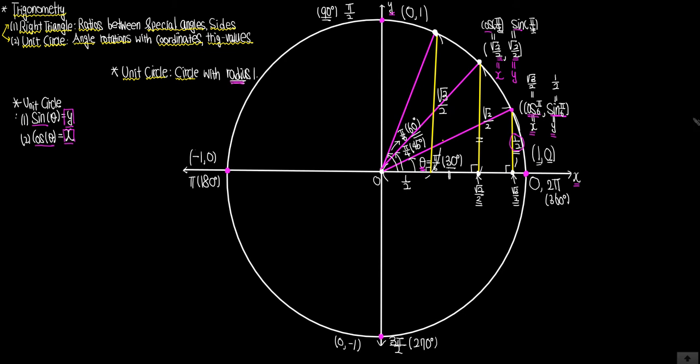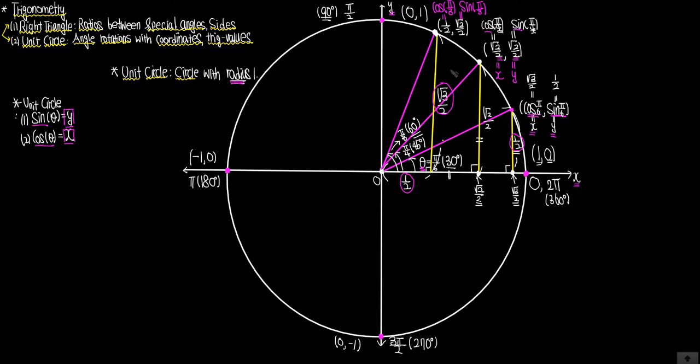So we can realize that for this point, the cosine is 1 over 2, which is the x coordinate, and the sine is square root of 3 over 2 as the y value. So this coordinate will be 1 over 2 comma square root of 3 over 2, where 1 over 2 is the cosine of our main angle pi over 3, 60 degrees, and square root of 3 over 2 is the sine of our main angle pi over 3.